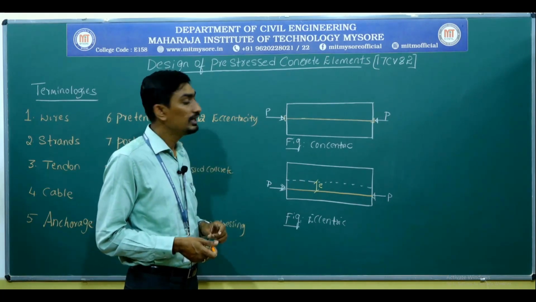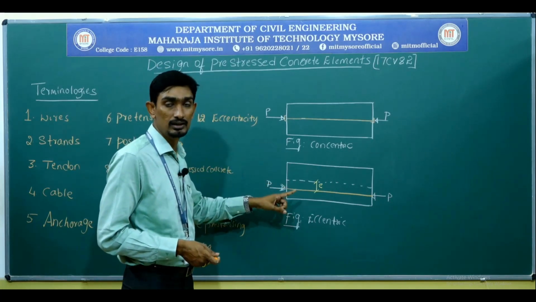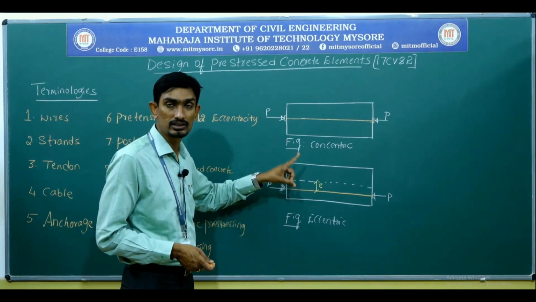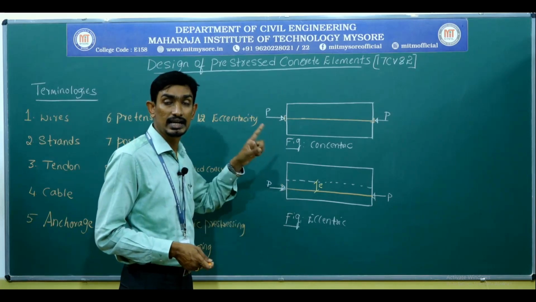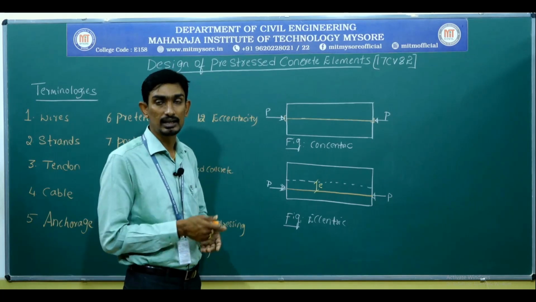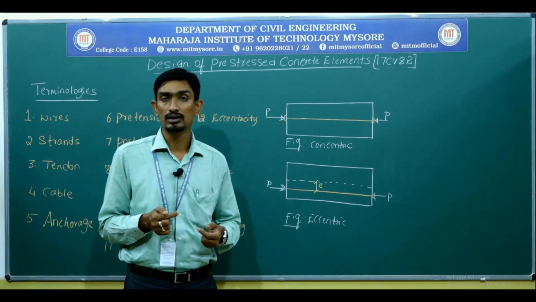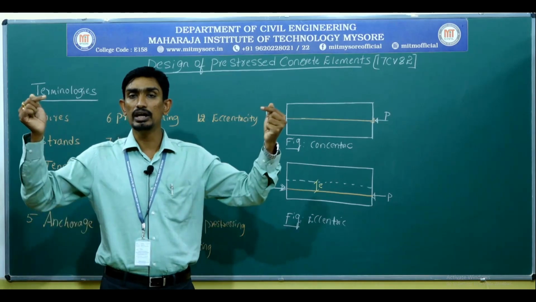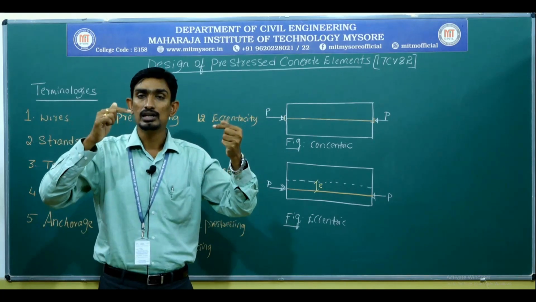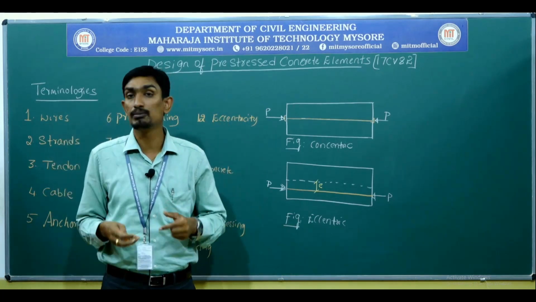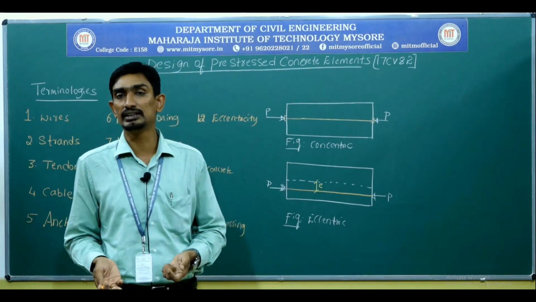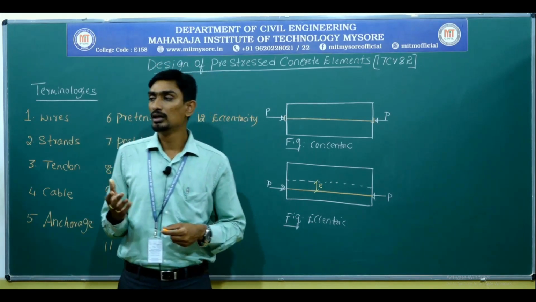I will repeat. It is the distance between the centroidal axis of the section to the centroidal axis of the cable. That means at what distance the pre-stressing force is induced through the tendon from the centroidal axis of the section. It may be a rectangular section, a symmetrical I-section, or an unsymmetrical section.